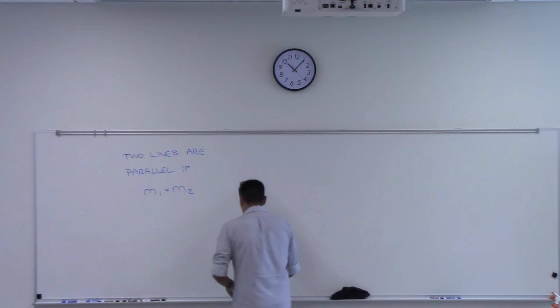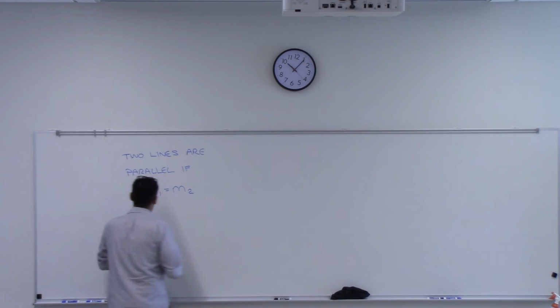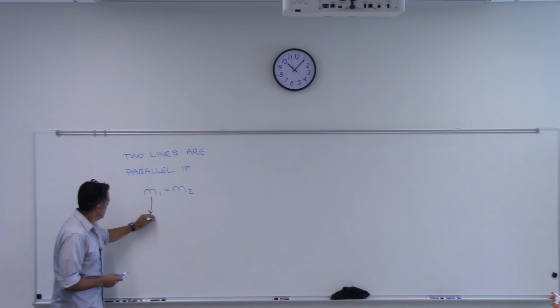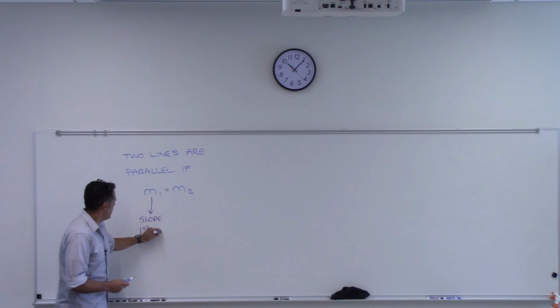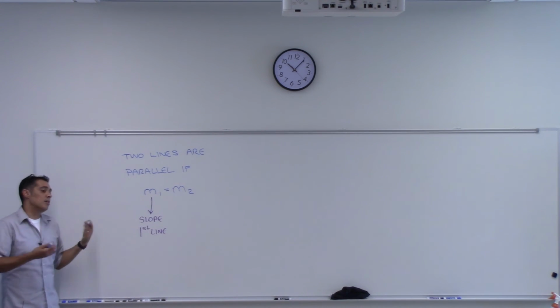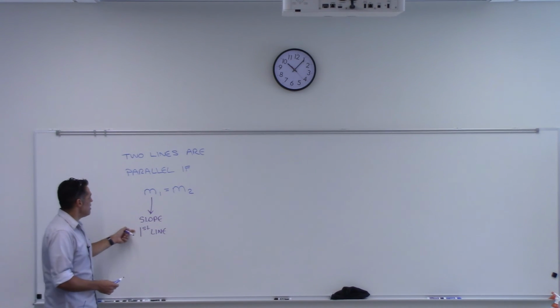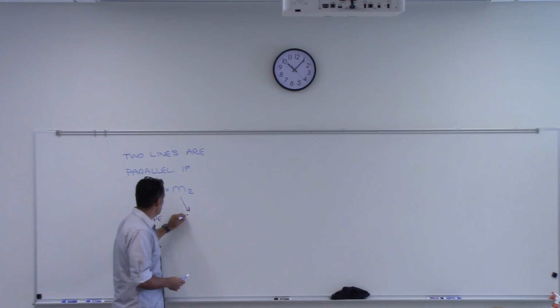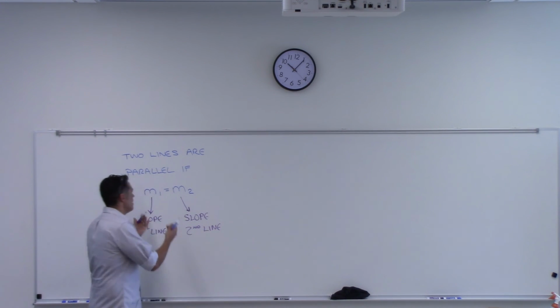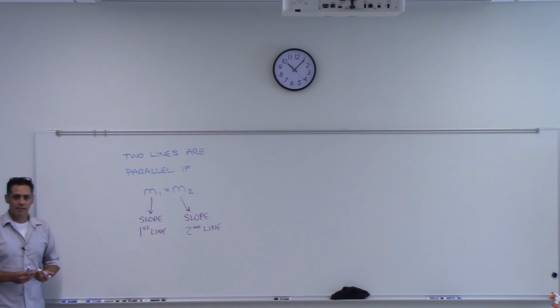What I mean by that is that if you look at the slope of the first line, I'm calling it M1. So whatever the line is, it has a slope. Whatever the slope is of that line, it must be equal to the slope of the second line. If the slopes are the same, then you have parallel lines, right?